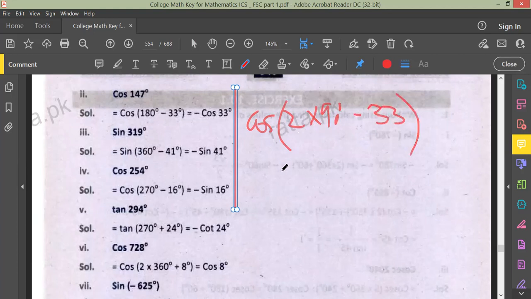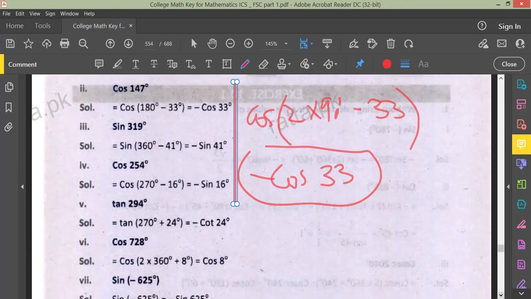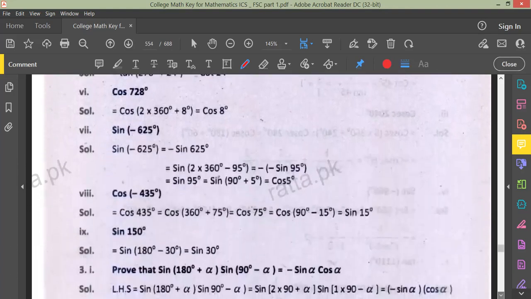Because this is an even multiple, this will become cos 33, and 147 is in quadrant number 2, the second quadrant. In the second quadrant, cos is negative, so this will become minus cos of 33.